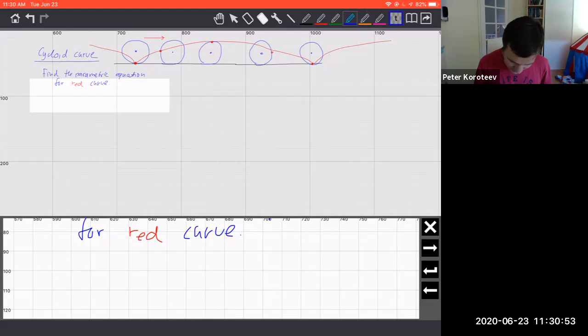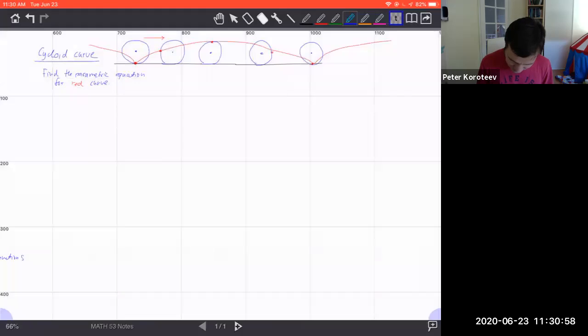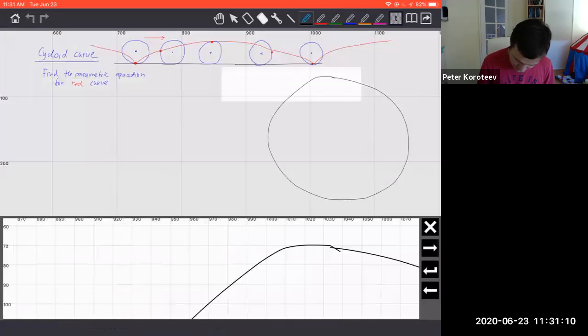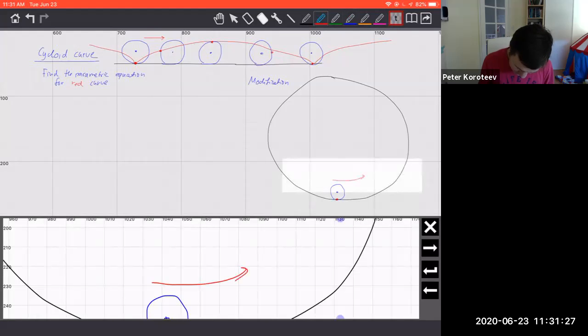Now, as a homework, and maybe we'll do it for the discussion, you can find a modification of this problem. Assume that you're riding on the inside of a big circle, right? So it's kind of a modification. It's basically the same question, only that you ride, here's your chalk mark, and you're riding like that.